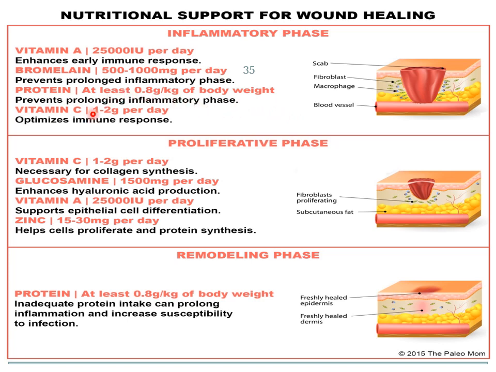Here, the minerals and nutrients that are important for each stage of wound healing, and how much the body requires of them per day to gain a rapid wound healing process. The amount of nutrients the patient needs daily is important so you know how much to give the patient to get rapid wound healing.